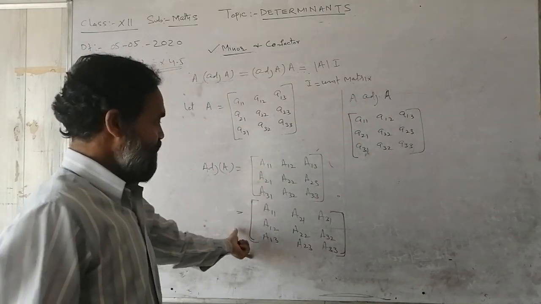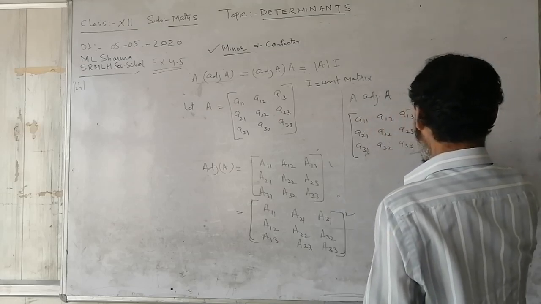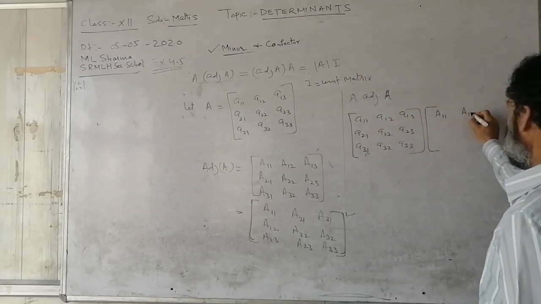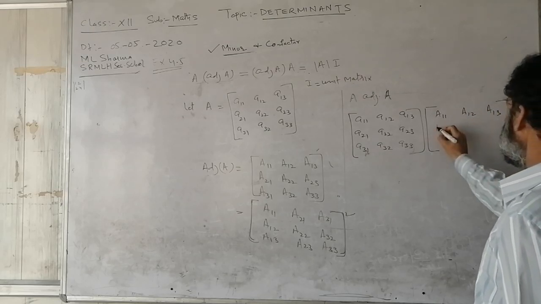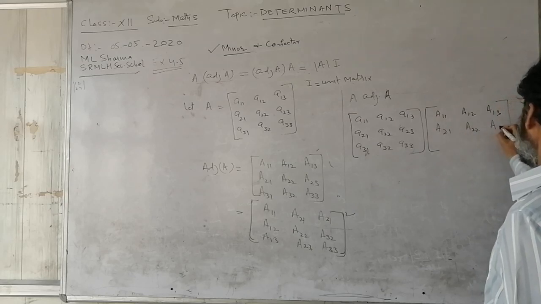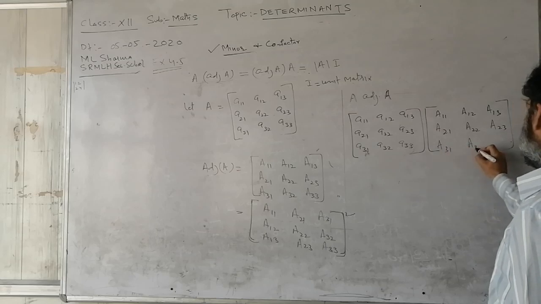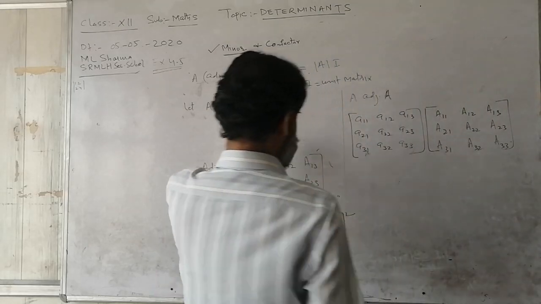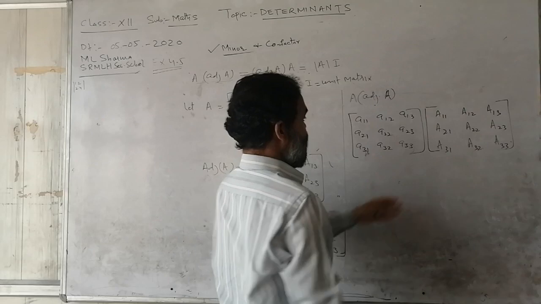So I have written the value of the A matrix and its adjoint, that is this.